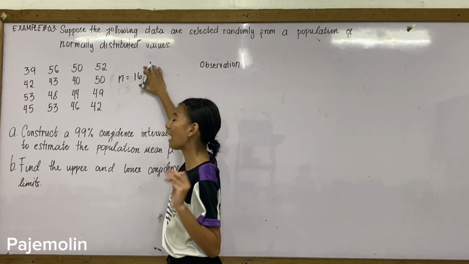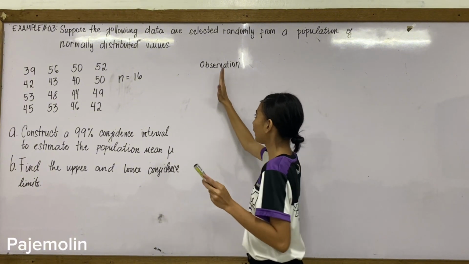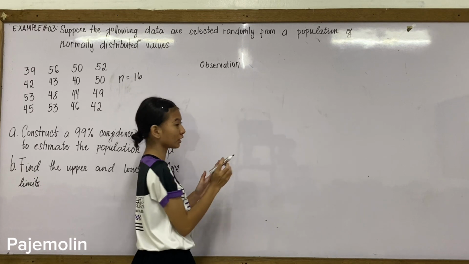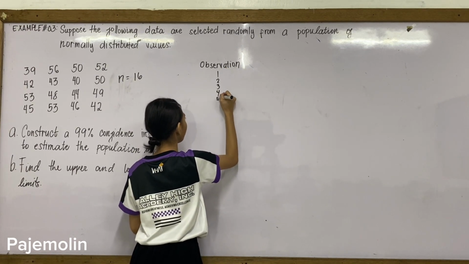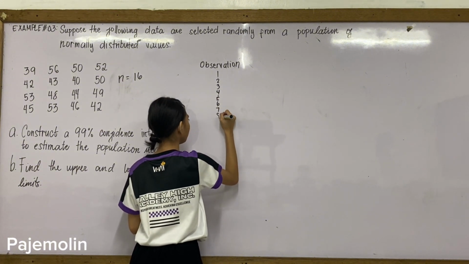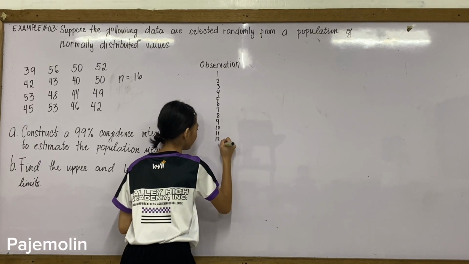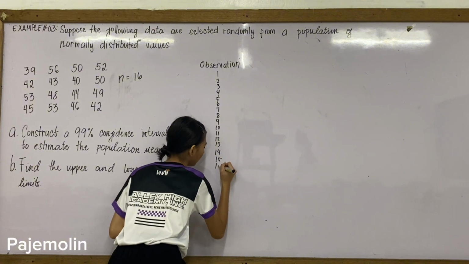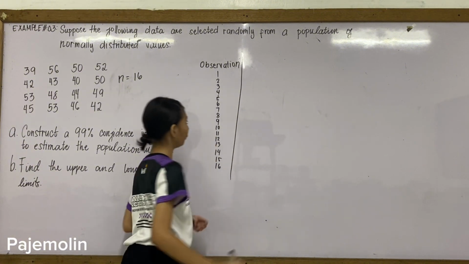Since we have 16 samples, we need to also list 1 to 16: 6, 7, 8, 9, 10, 11, 12, 13, 14, 15, and 16. So this will make up our first column.